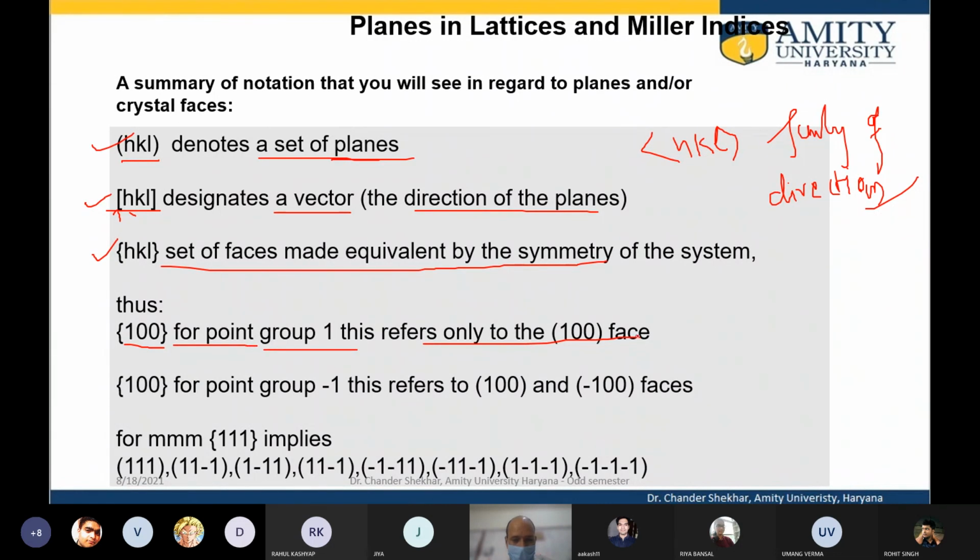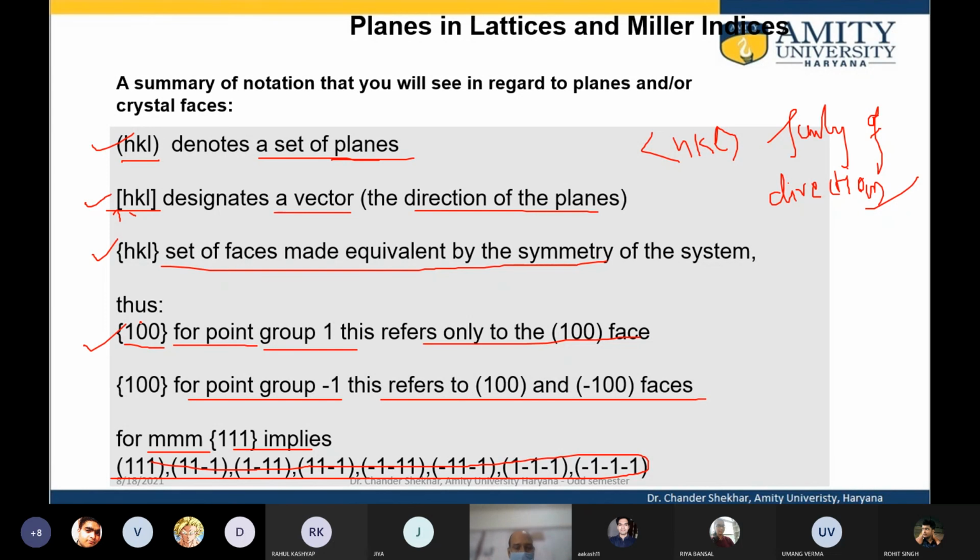For one group, this refers to only this face, and for a point group, this refers to all these faces. For a cube, up and down, side, and front and back, all the faces are represented in the family of planes.